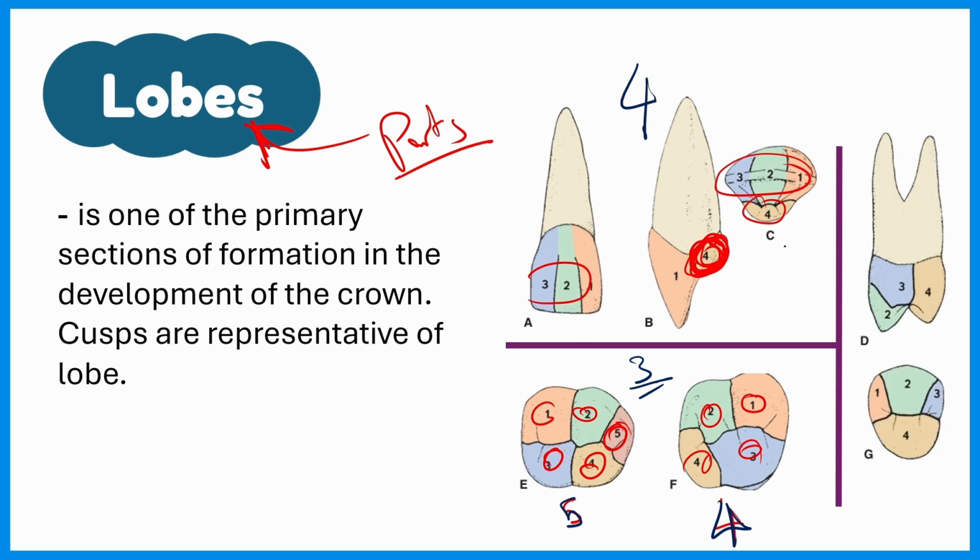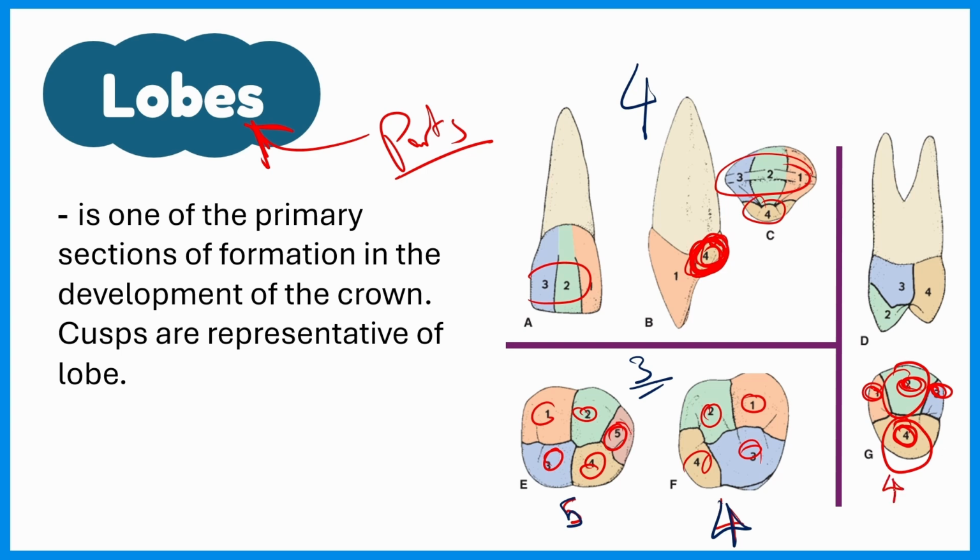For the premolars, it's somewhat similar to the anterior teeth. So it has 3 facially: 1, 2, 3. That's the buccal cusp. That's the lingual cusp. So 3 facially, and its lingual cusp represents its 4th lobe.